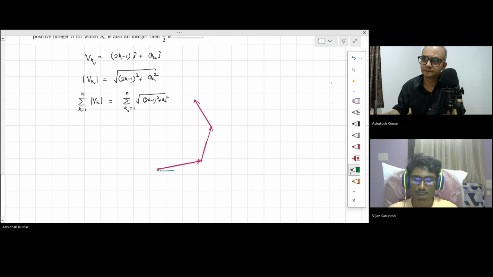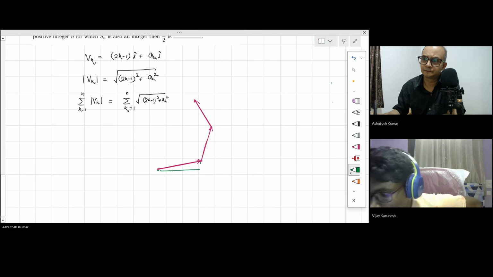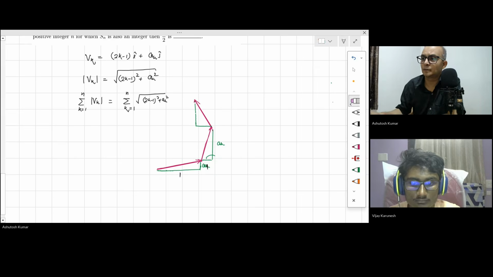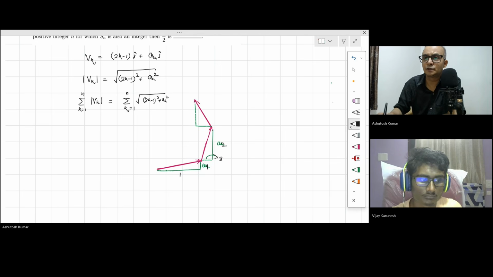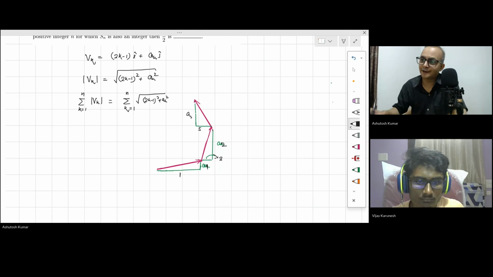This was the x component of the vector, and this was the y component. 2k might become x component as 3. This is the x component as 3, and this is a2, and this is 2 times 3, 6 minus 1, 5, and this is a3. Now this is the length of all these things, correct? Yes, sir.